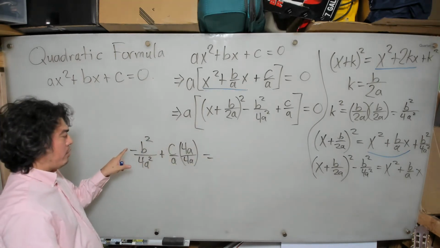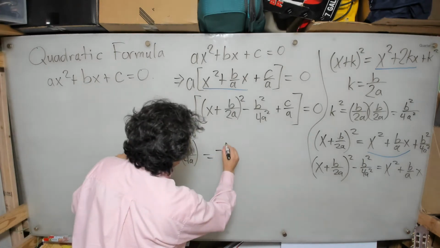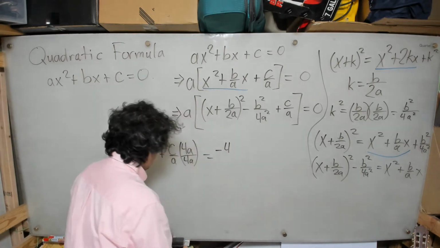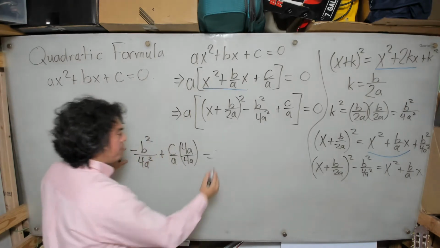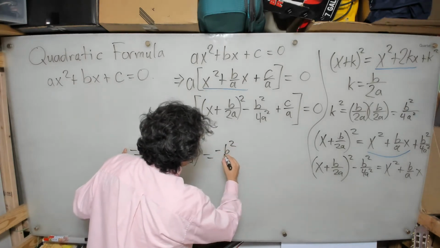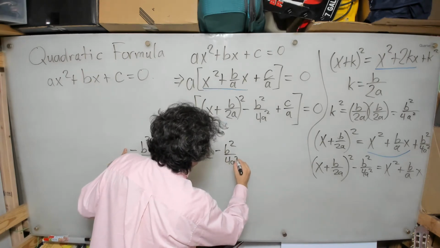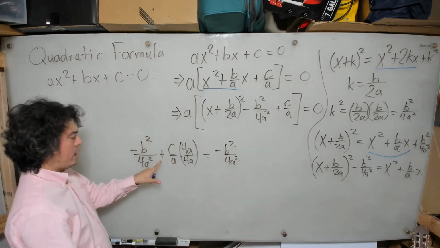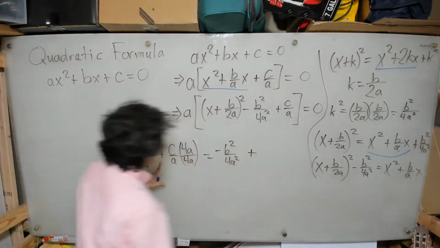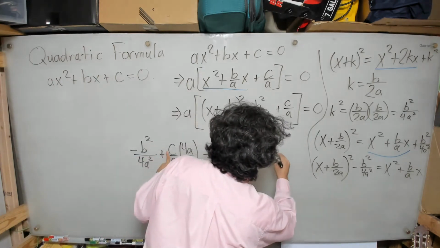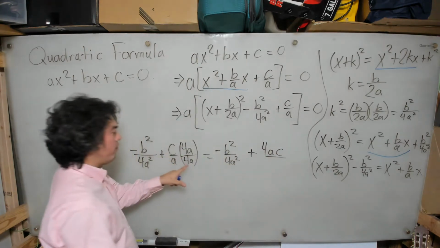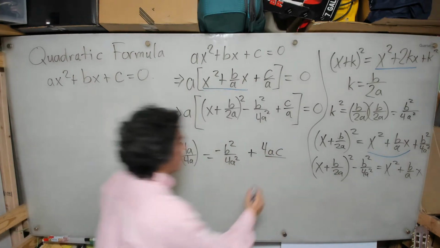I'm going to copy this over. Negative b squared over 4a squared, right? Plus 4 times a times c all over 4a times a, that's 4a squared.